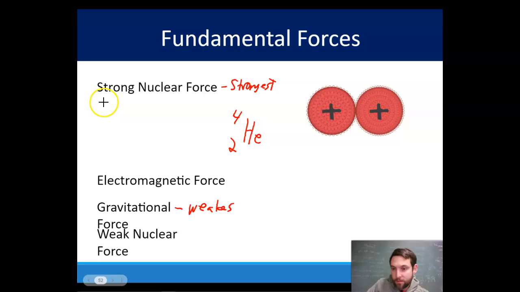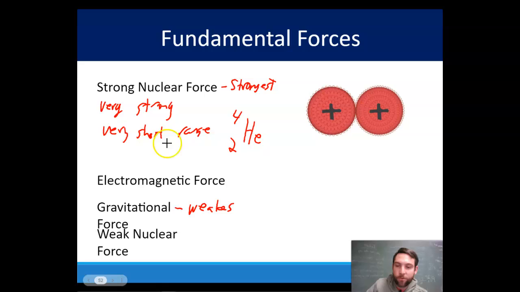It's insanely strong, considering how small it is. So one thing to know: very strong. And the downside is it's a very short range. While the electromagnetic force and the gravitational force have a range of infinity, they act at all distances, the strong nuclear force has an extremely small range.